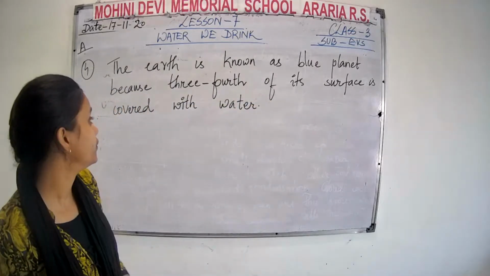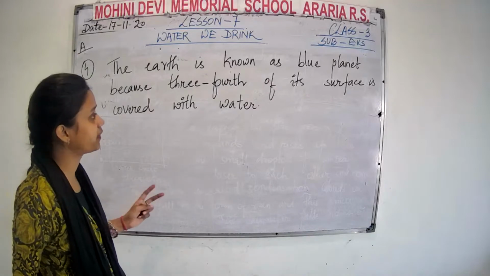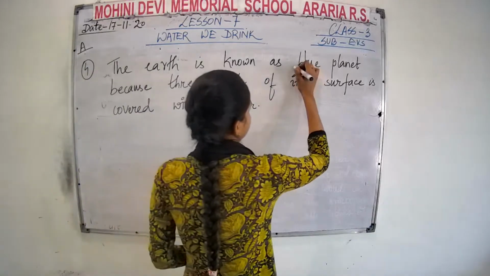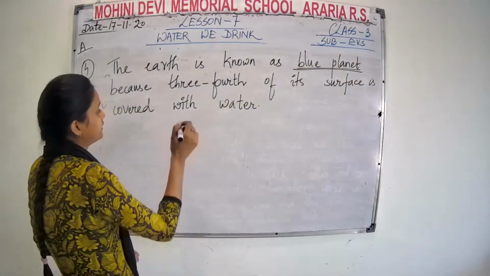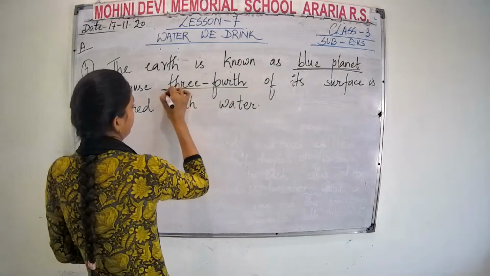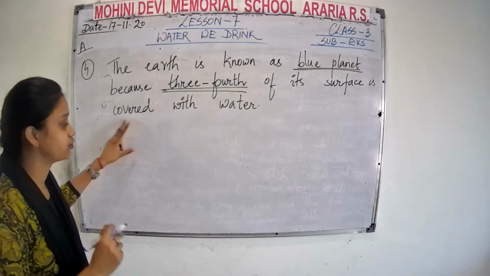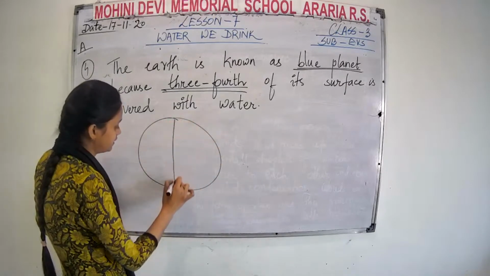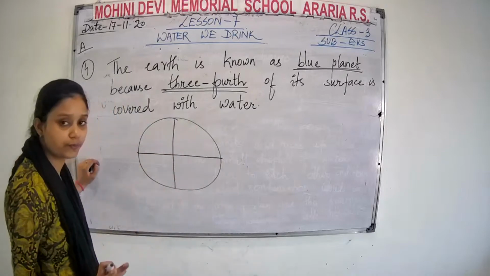See, here you need to keep in mind two things: first, our Earth is known as the blue planet. Second, three-fourth part of it is covered with water. That day I showed you the diagram. Just see. Let's assume this is our Earth and it is divided into four parts.